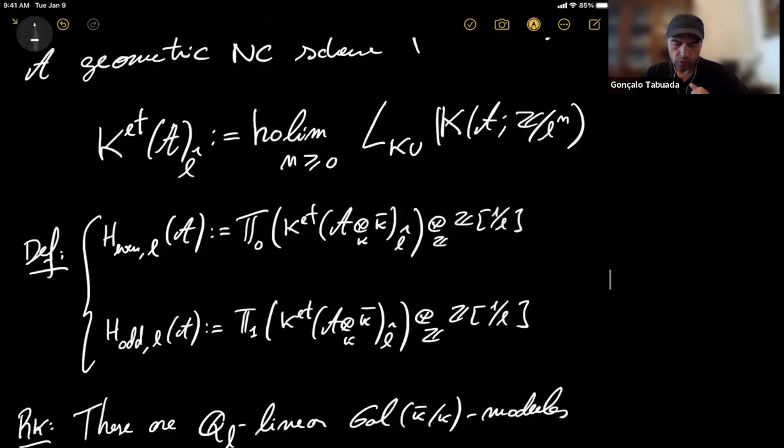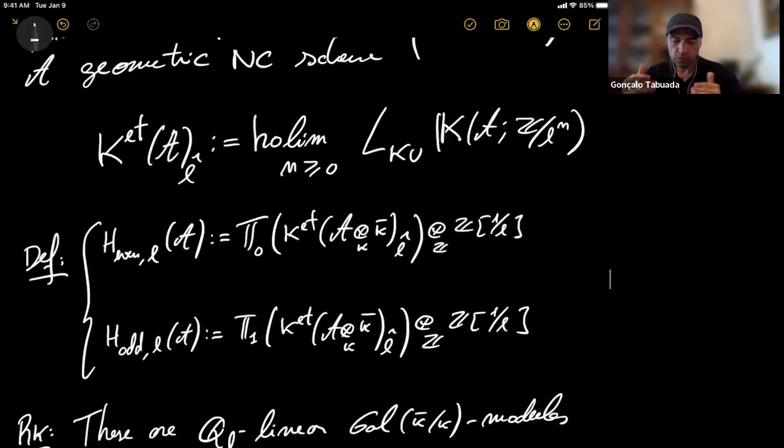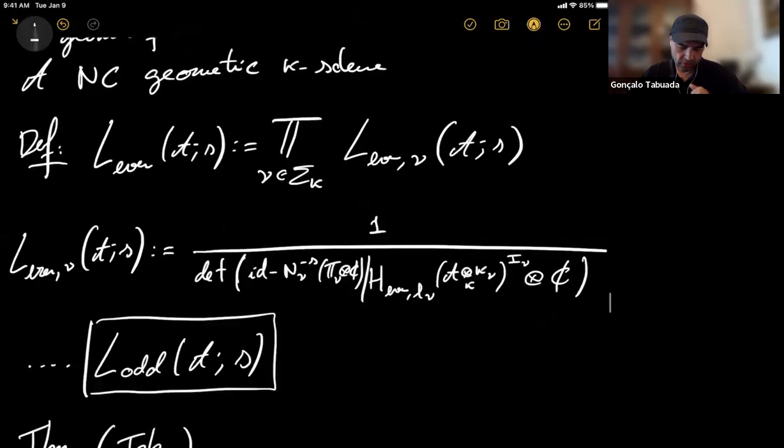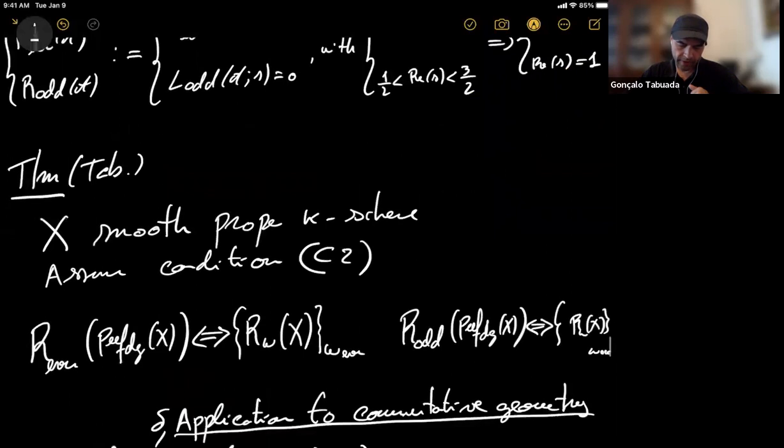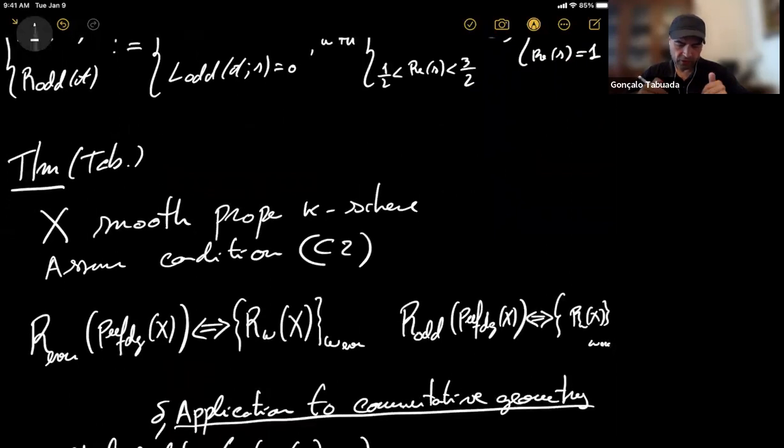So when you do the L-function, the non-commutative L-function of the perfect complexes, so for example, where is the result? Here. What's happening is that this non-commutative L-function of the perfect complexes is, morally speaking, you grab the individual L-functions for the even weights.